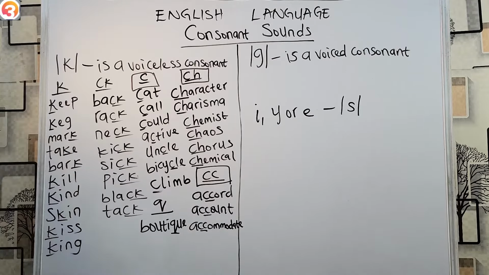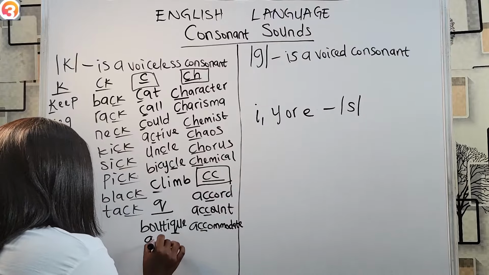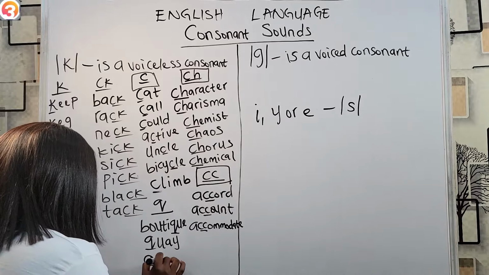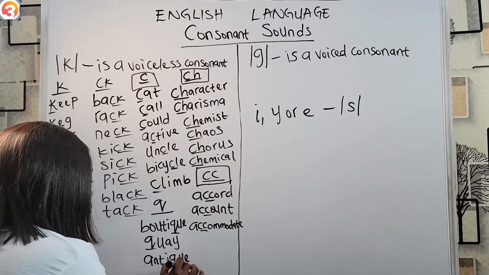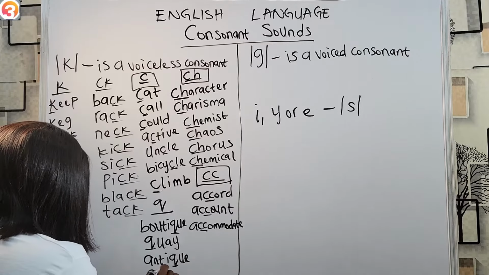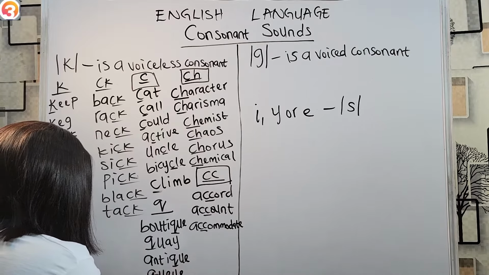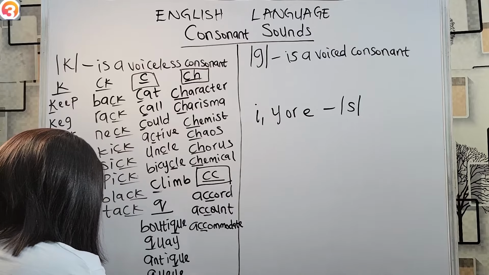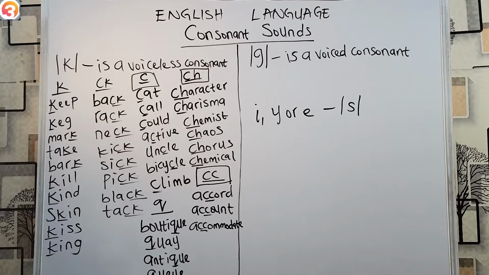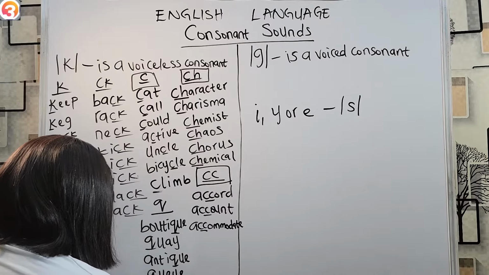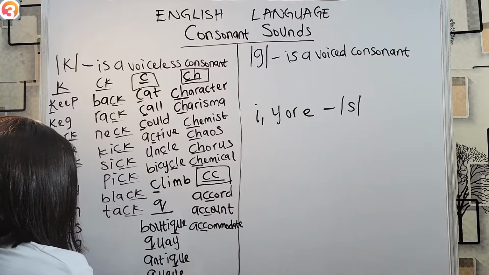The Q there is pronounced as K. Key, antique, bouquet, quick, queen.